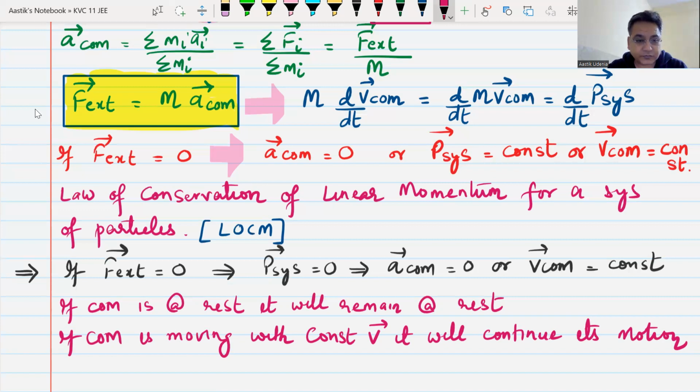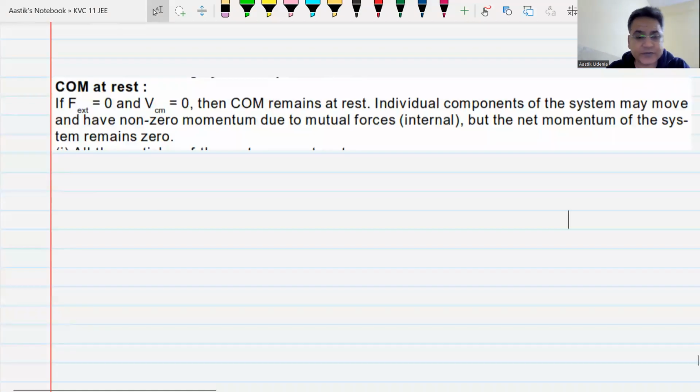Now, we can see this in a couple of examples. Let us see the examples where the center of mass is at rest. If the center of mass is at rest, it will remain at rest.